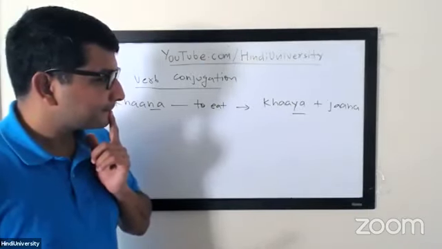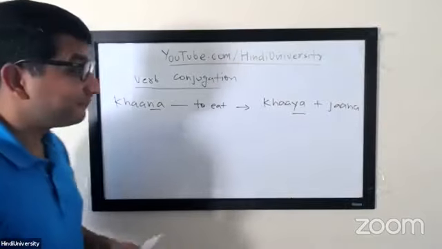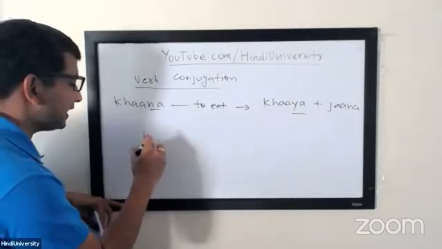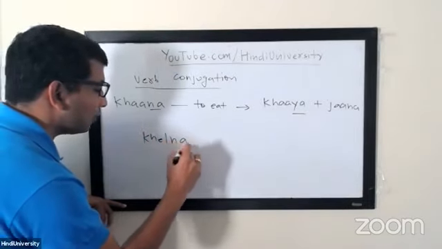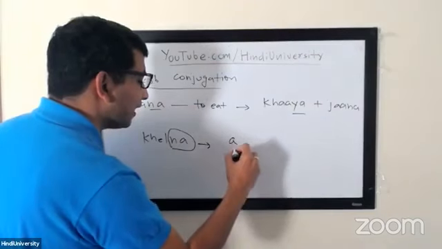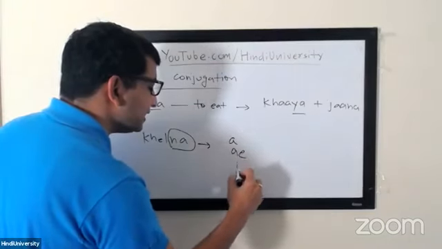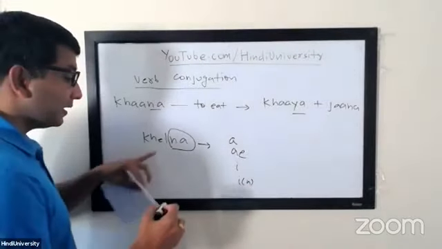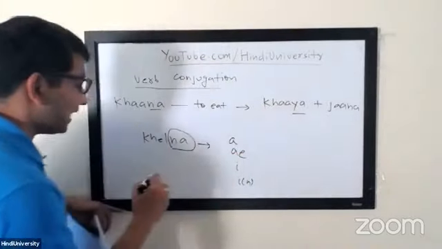Because it ends with a vowel and then you add ya. Very good, right? In the previous cases, when we had khelna, all we were doing was removing na and putting a, e, and i. That's how we were doing it. Now in this case, we have khana.